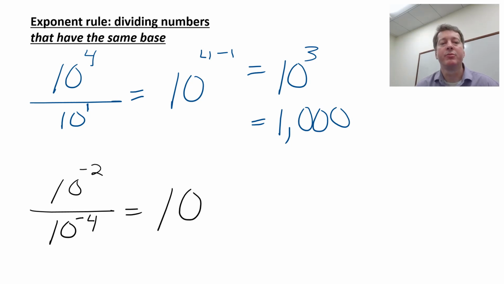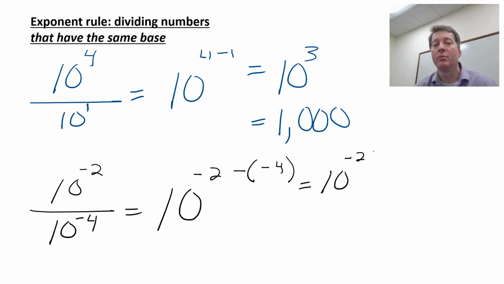Well, we're going to subtract exponents, so that is 10 to the negative 2 minus a negative 4. Well, you may recall minus a minus is plus, so that's the same thing as 10 to the negative 2 plus 4. That's the same thing as 10 squared.